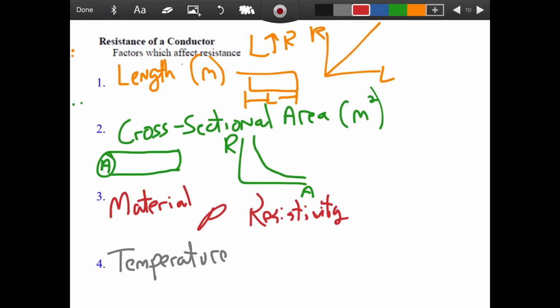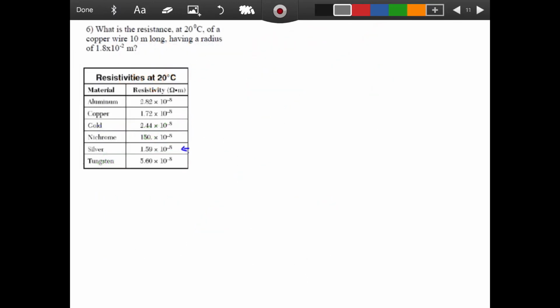And as temperature increases, resistance increases. An example where we're looking for the resistance, and resistivities are specific to particular temperatures, so they will denote that, and resistivity will go up as temperature goes up, as I mentioned in the previous slide.